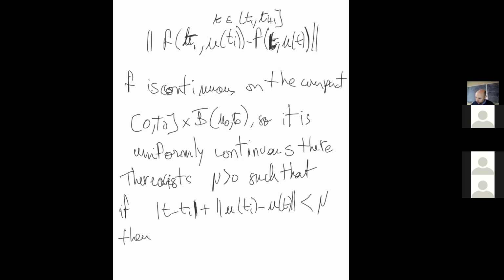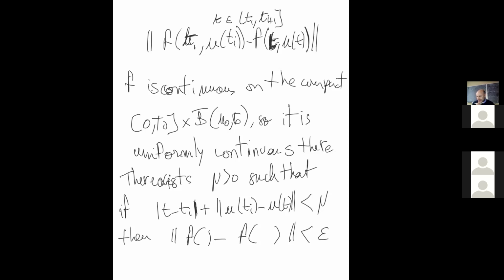Exactly. The norm of f(t, u(t)) minus f(ti, u(ti)) is smaller than epsilon. Okay, but I want an estimate with only h.